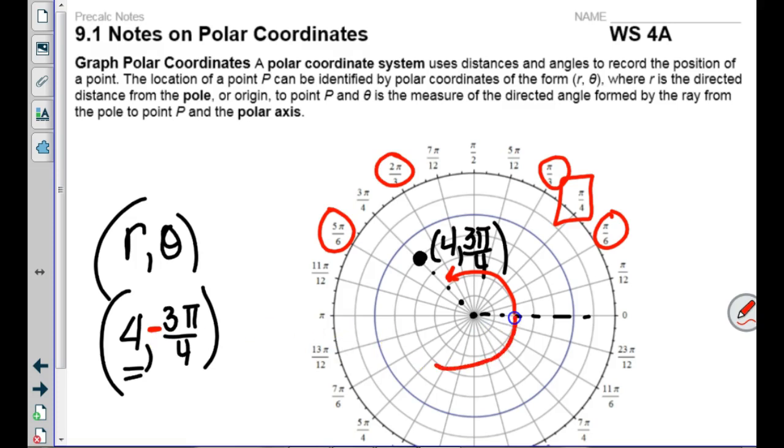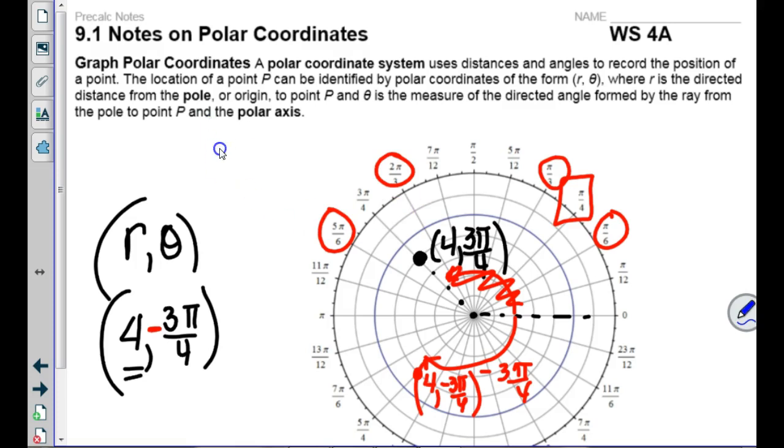Yeah, you would be down here. So a negative 3 pi over 4 lands me down in this quadrant. And then it said to go out 4. So I'd go 1, 2, 3, 4. And I'd have (4, negative 3 pi over 4).